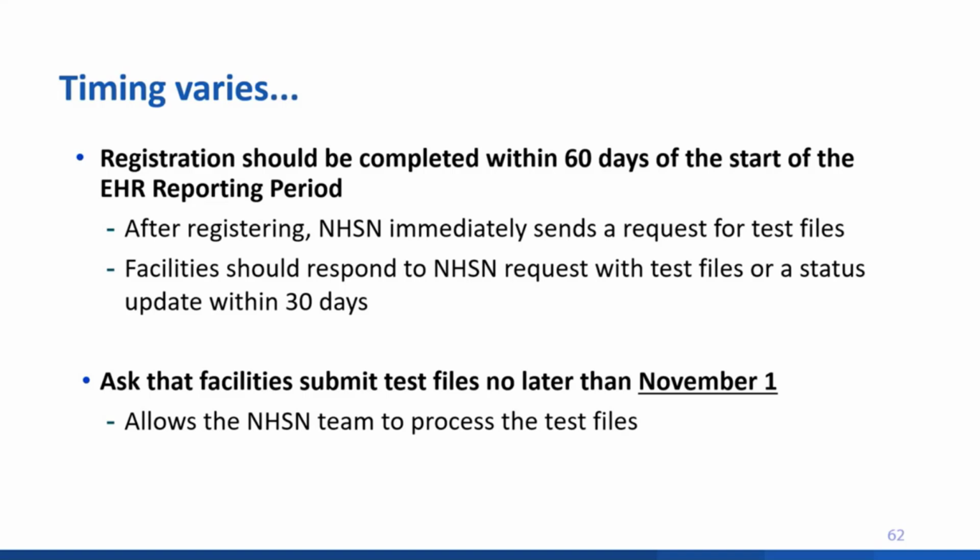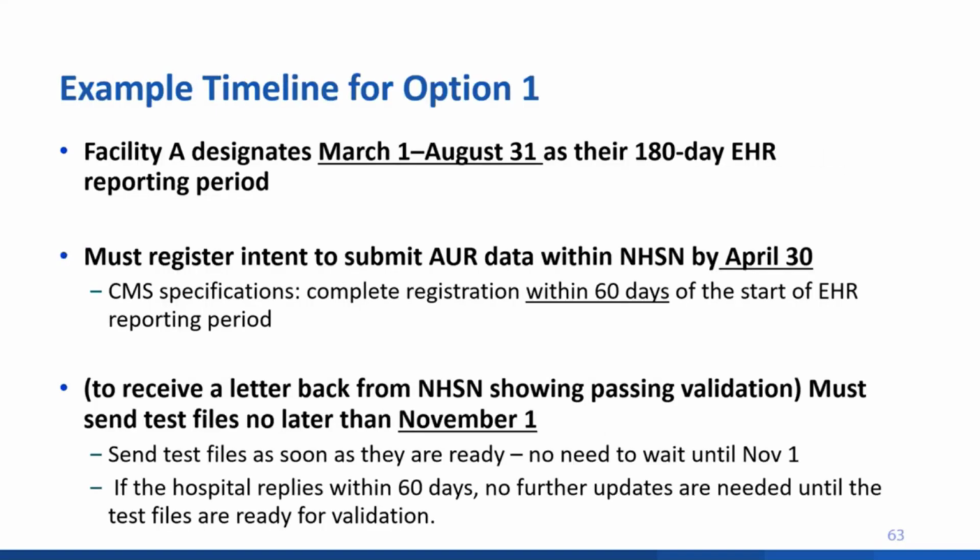Facilities should respond to NHSN's request with test files or a status update within 30 days. We ask that facilities submit test files no later than November 1st. This allows the NHSN team to process the test files.